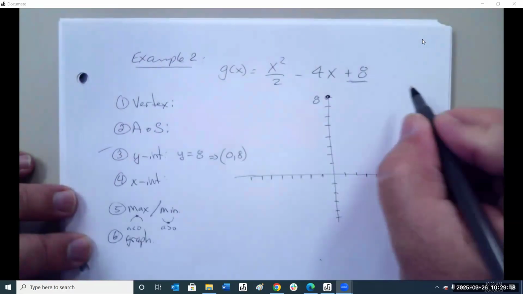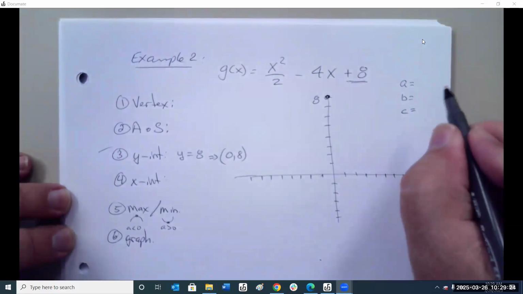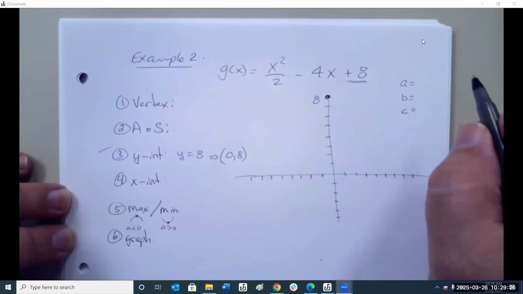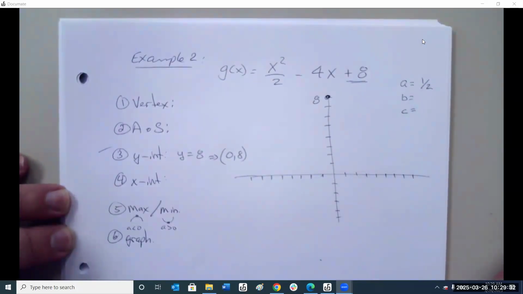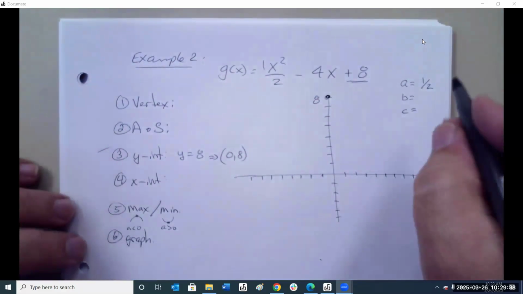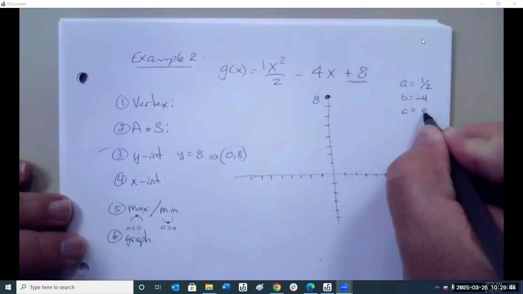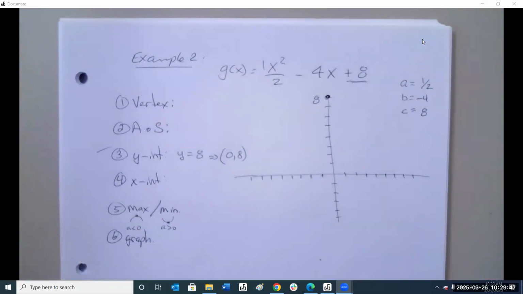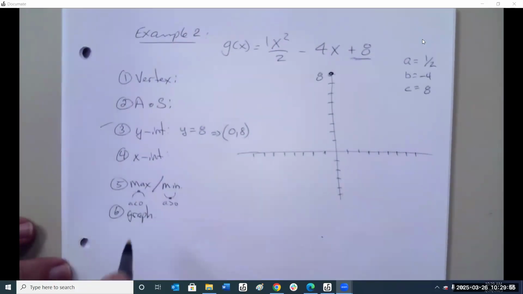So let's label A, B, and C. What's A? 1/2. Very good. Because it's just whatever's in front of the x squared, and below the x. What's B? -4. C is 8. So the first thing we're going to calculate is, let's find the vertex.